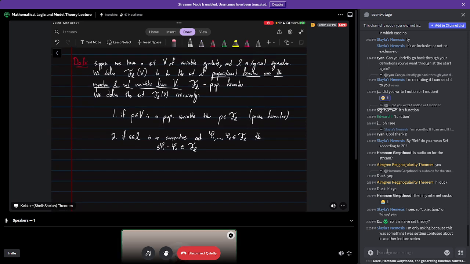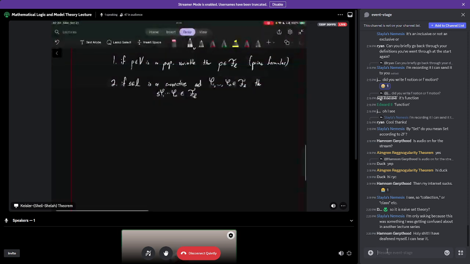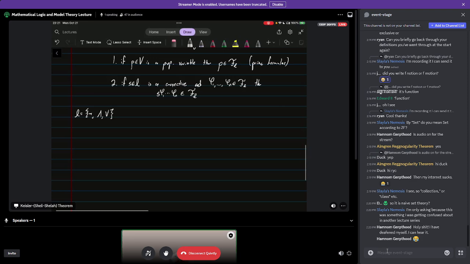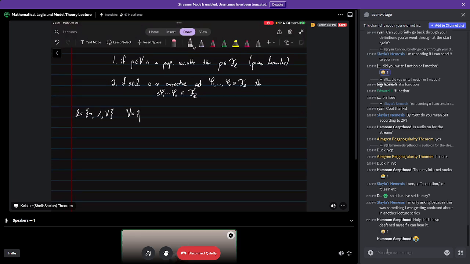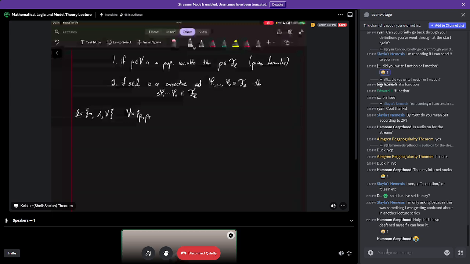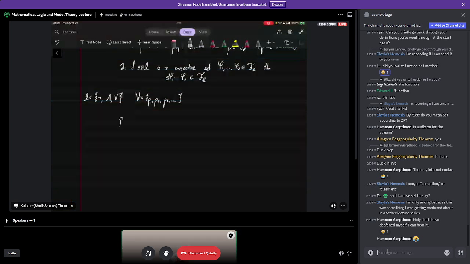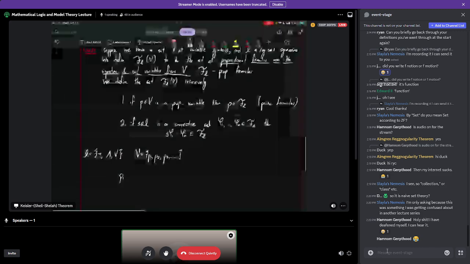Okay, so let's look at some examples. Let L be this standard signature, with negation, conjunction, and disjunction. And we define V to be P1, P2, P3, and so on, so we have countably infinitely many variable symbols. For example, P1 is a formula because of the first point.